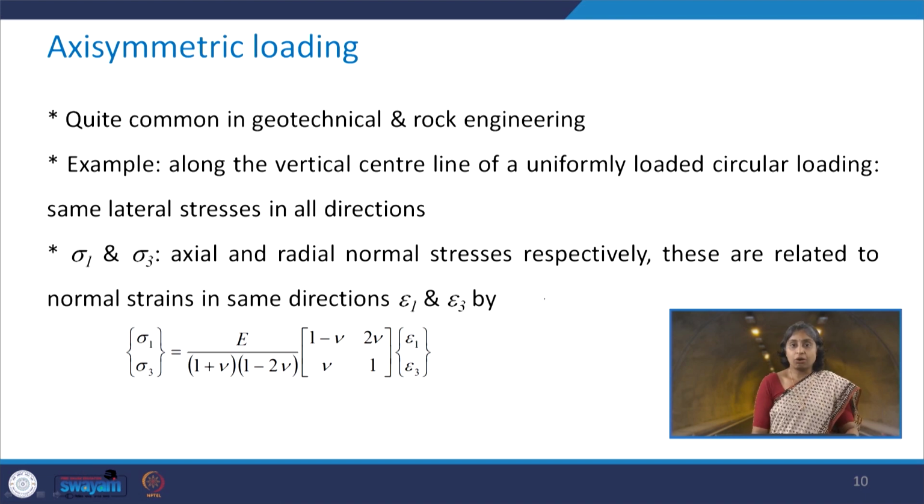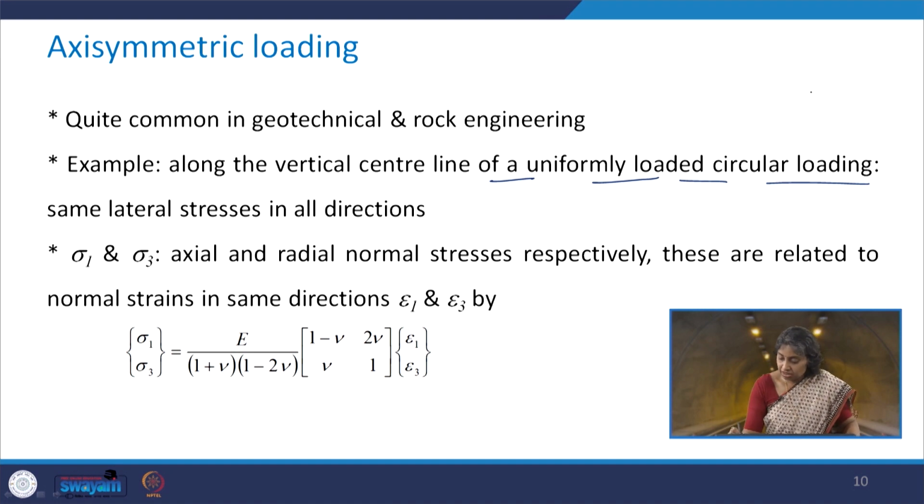Coming to the next type of loading, which is axisymmetric loading. This is quite common in geotechnical engineering, including soil mechanics and also rock mechanics and rock engineering. An example of such loading is along the vertical center line of a uniformly loaded circular loading, where you have the same lateral stresses in all directions.